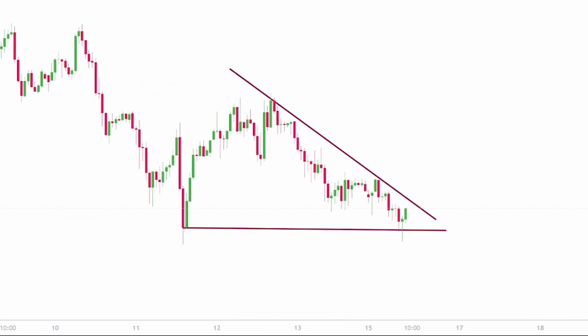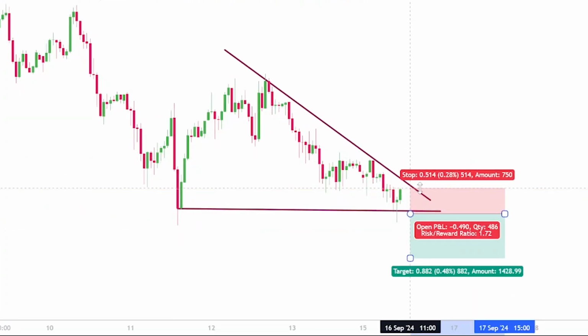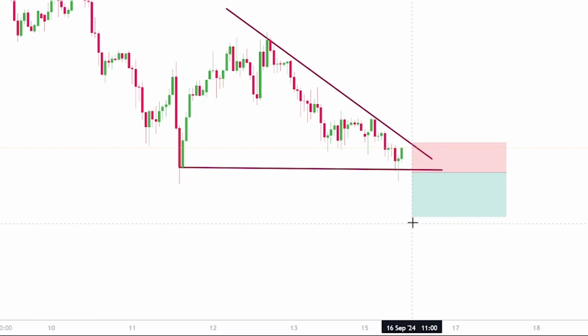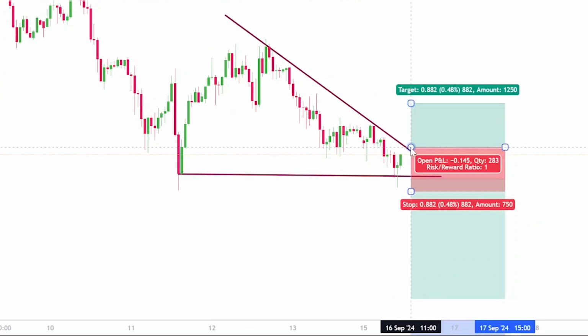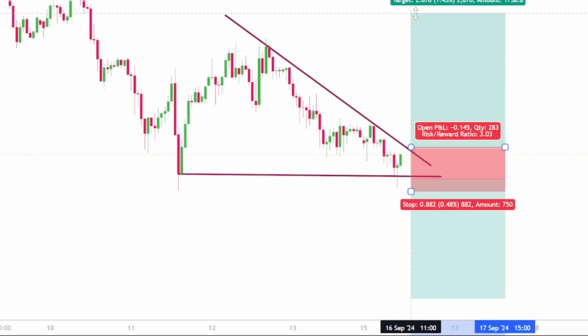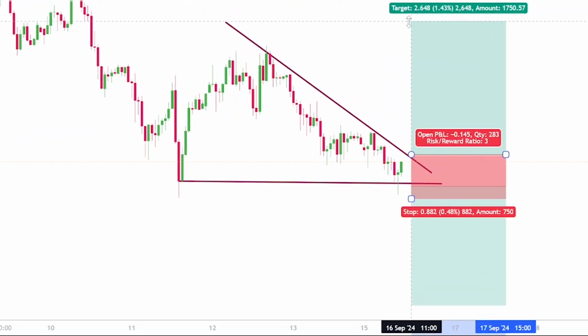Now the sell stop will be from this area, anticipating the market to continue in the same direction, and even the buy stop will be from the top of the triangle, anticipating the market to change the direction to the upside.